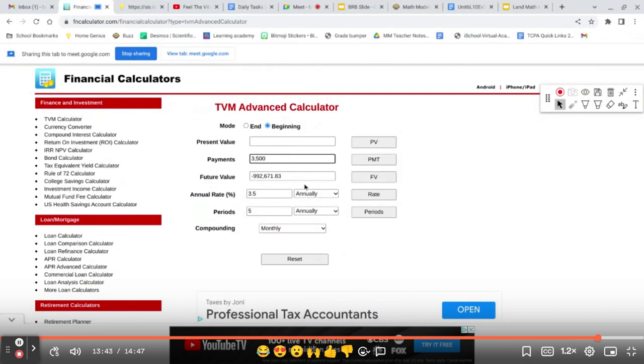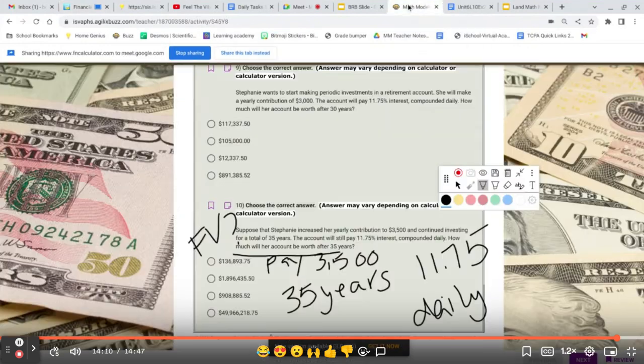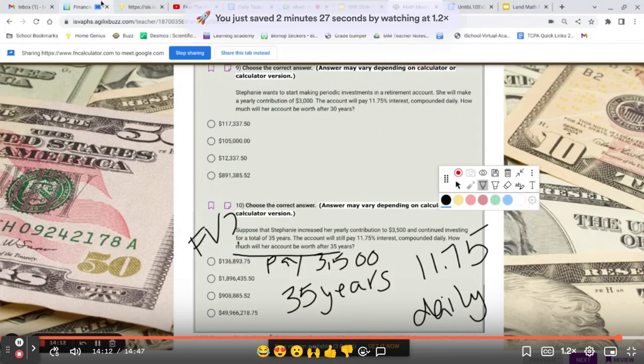It just automatically does it for me. Okay, I'm going to close out future value for now. Her interest rate was 11.75. Okay, this is annual, of course. We leave that. The amount of time is going to be 35 years. It's going to be compounding daily, and we were looking for future value.